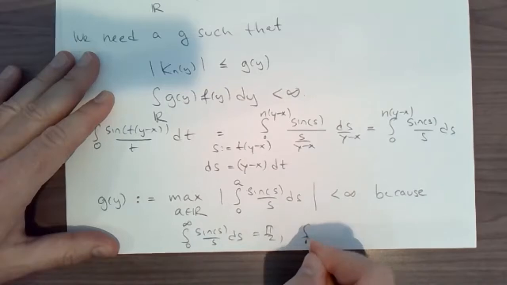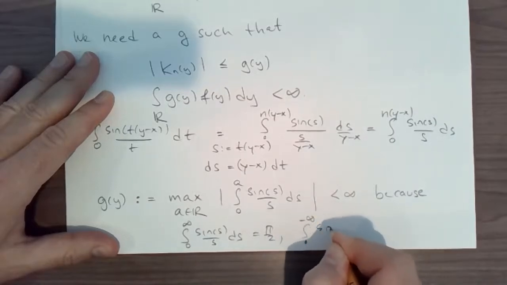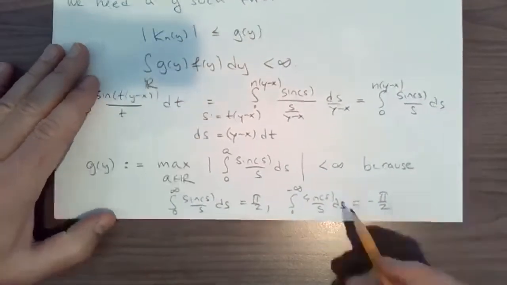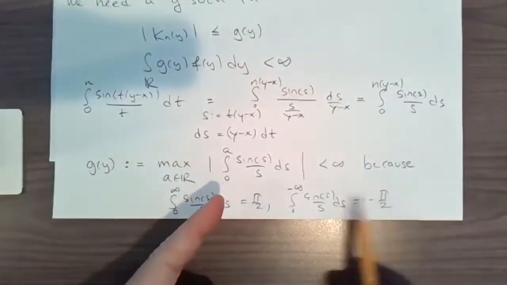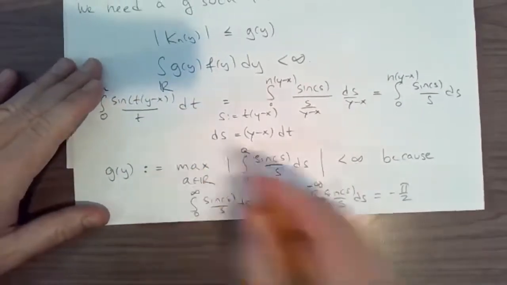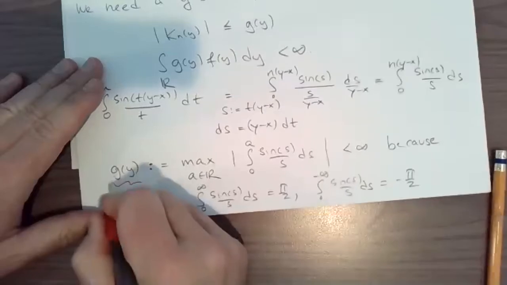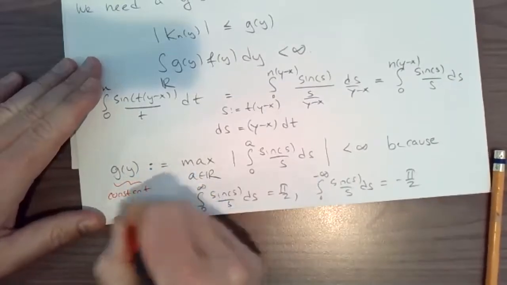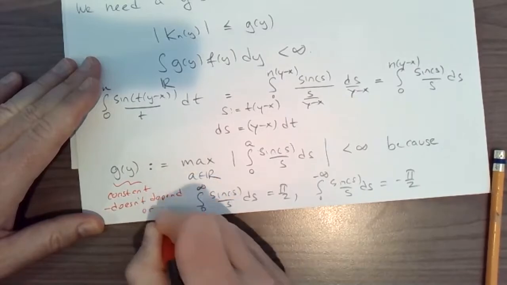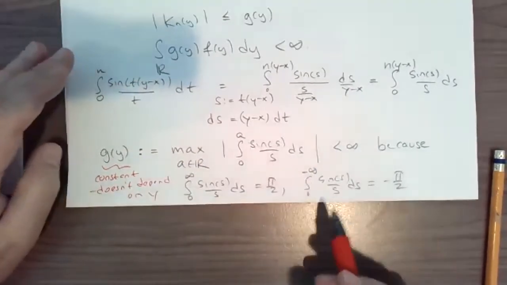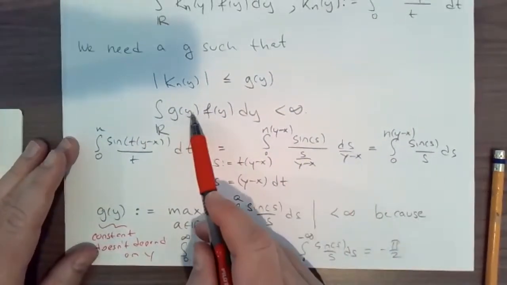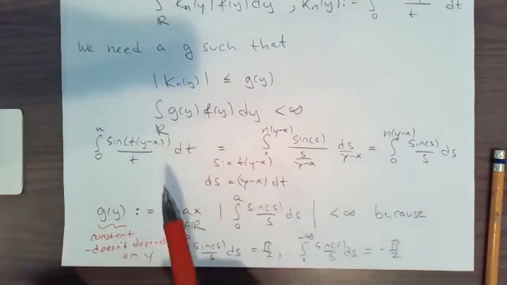If I looked at the integral from 0 to minus infinity, then this would be equal to minus pi over 2. So when I take absolute value, I have these two endpoints, and in between you have continuity. So this is finite, and it's independent. This is a constant. It doesn't depend on y. And so if I take a constant here, and I use f as a density, I'm going to be fine.